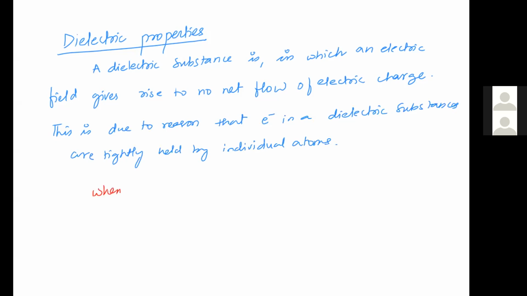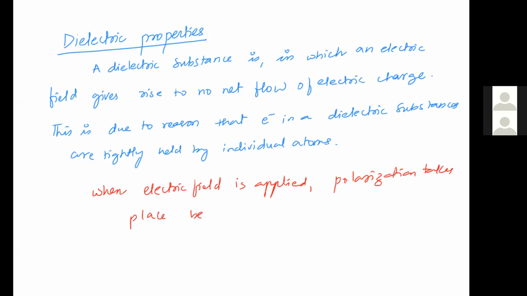When electric field is applied, polarization takes place. You know polarization, two poles. Because nuclei are attracted to one side and electron cloud to the other side.